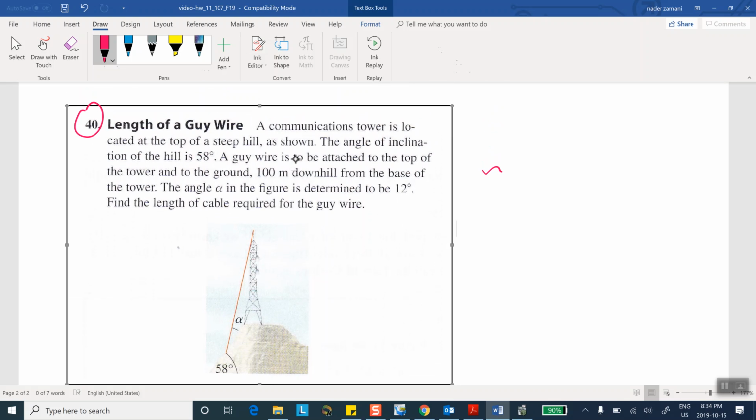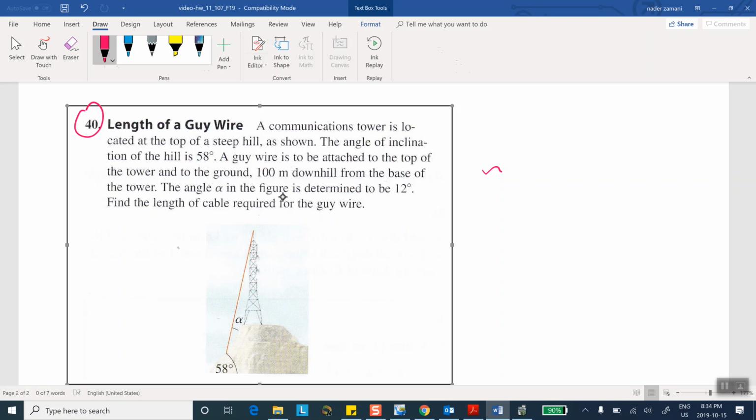A guy wire is to be attached to the top of the tower and to the ground 100 meters downhill from the base of the tower. Now that's kind of a vague statement because I'm not sure. We'll find out. Base of the tower.